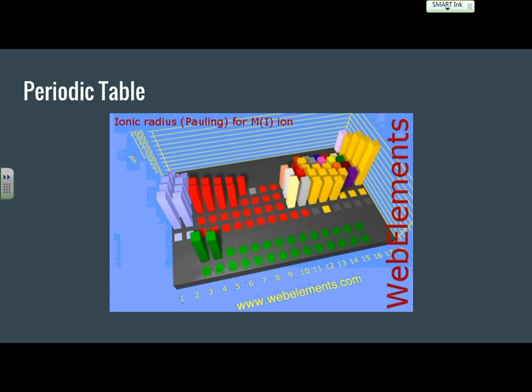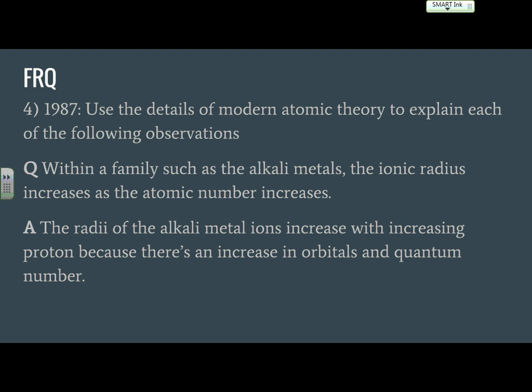Here's a periodic table. All right, this is an FRQ that's in one of our packets. The question was, within a family such as the alkali metals, why does the ionic radius increase as the atomic number increases?